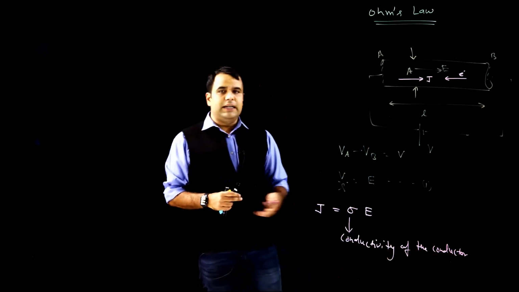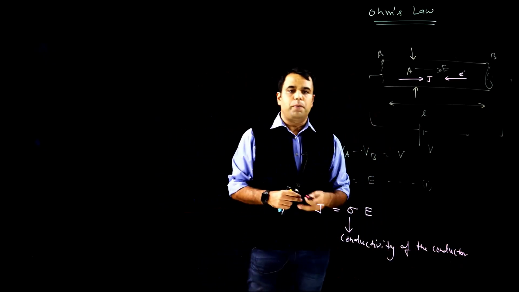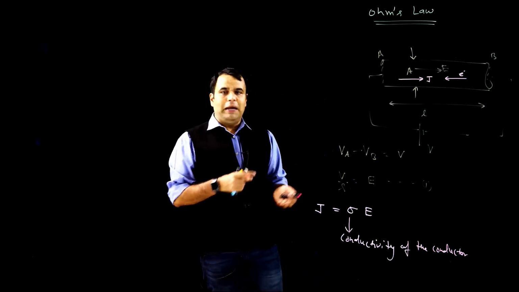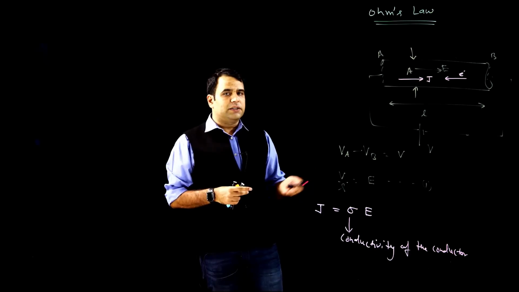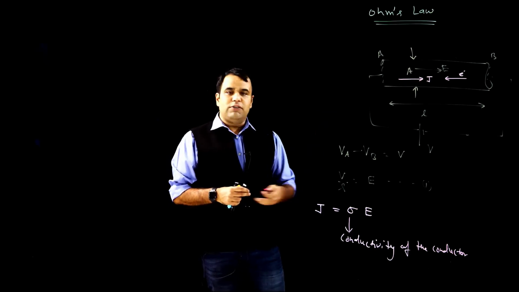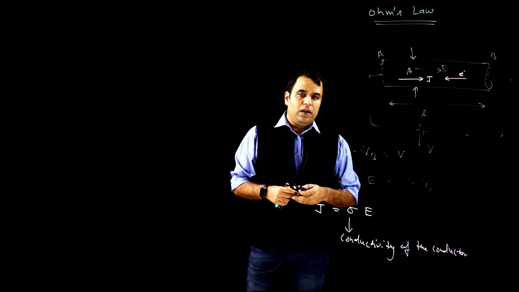We already know this conductivity depends upon the internal properties of this conductor, meaning what kind of material it is. So once you select the material, the conductivity of that material is constant if the material is uniform throughout. So J is equal to sigma times E.